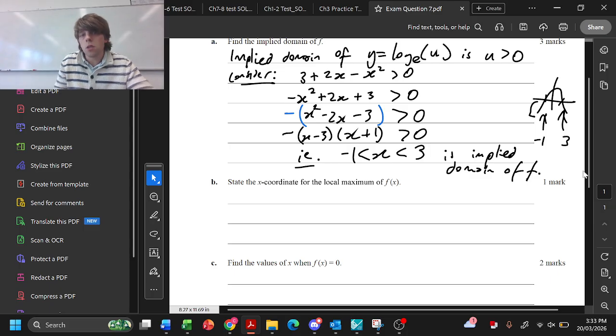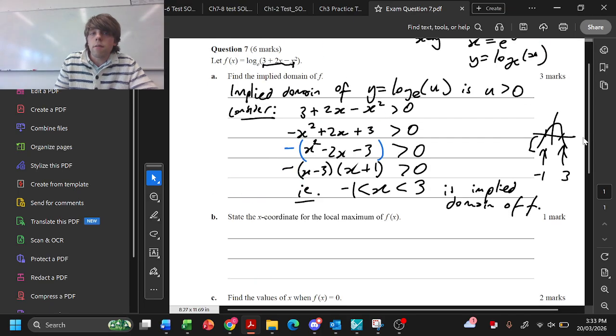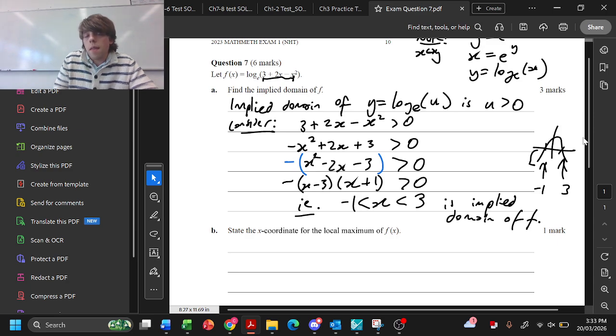Moving on, stating the x-coordinate of the local maximum of f of x. Let's have a think about this. This little graph inside of our function is going to have a maximum value at a particular point. Whatever that maximum value is, that's also going to be the maximum value of this log base e expression, now the f of x expression.